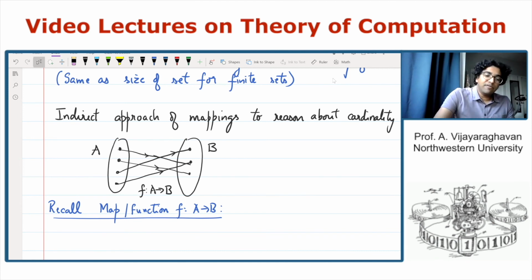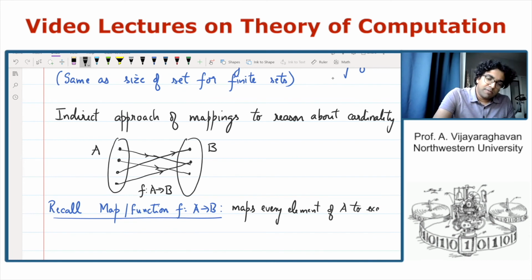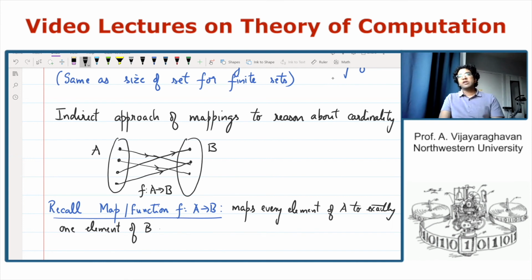If you have a valid map or a function, it maps every element of A to exactly one element of B. What it means is that if you have these lines that indicate which element of A is mapped to which element of B, then every element of A has exactly one outgoing arc or line.